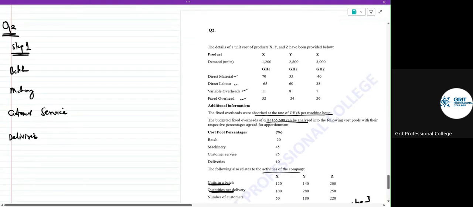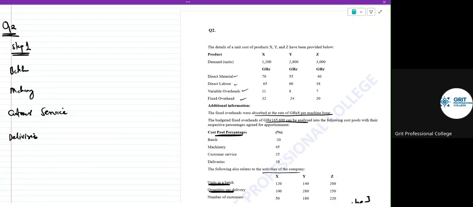You saw in the previous question, the examiner made it simple for us. They gave us the overhead costs allocated for all the cost pools. But in this question, they've further given us cost pool percentages. So it means we will have to do the calculation ourselves.